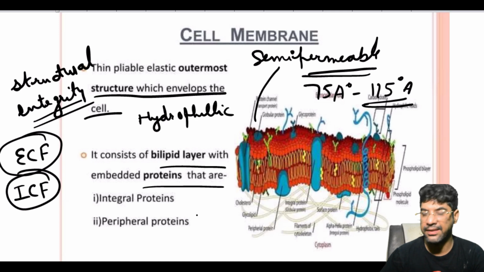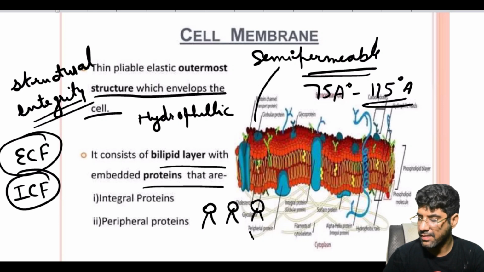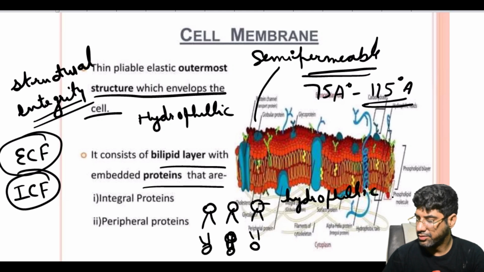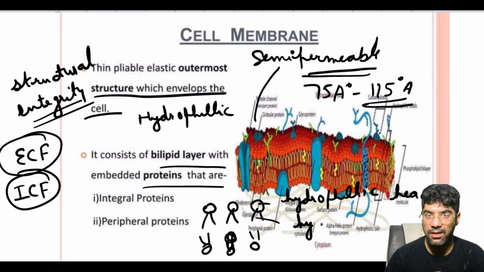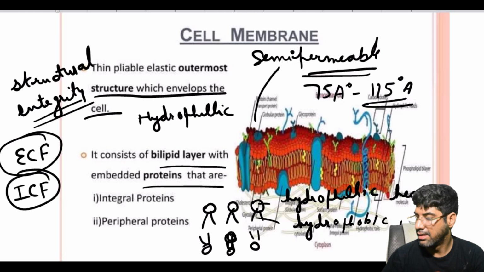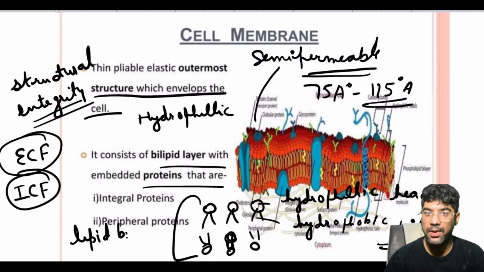Each phospholipid has a hydrophilic head and a hydrophobic tail. These align together to form the lipid bilayer.